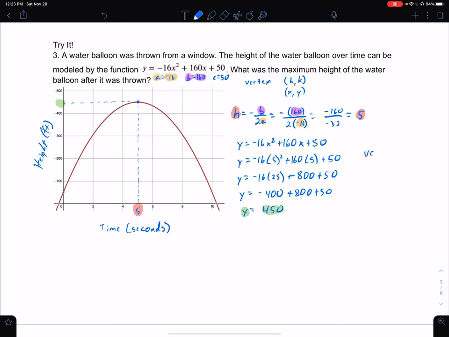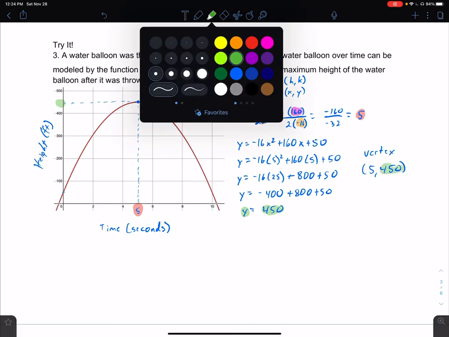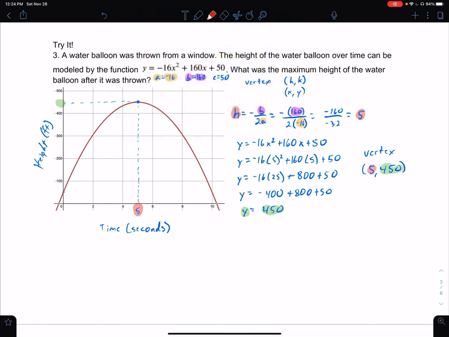So our vertex is (5, 450). And let's make sure we answer the question. What was the maximum height of the water balloon after it was thrown? So the height was our y value. So the maximum height, it's not how you spell height.